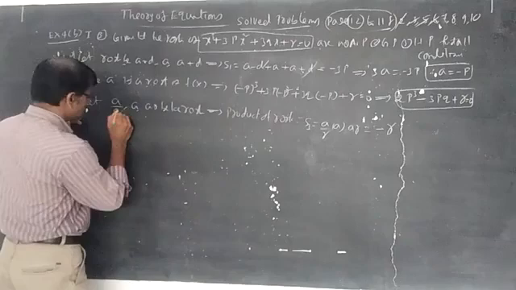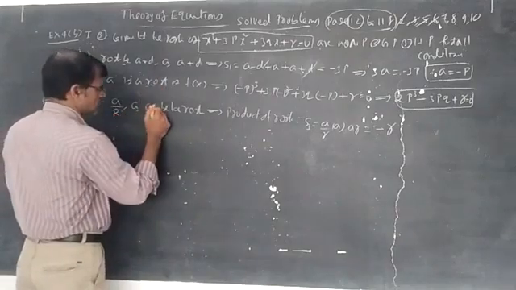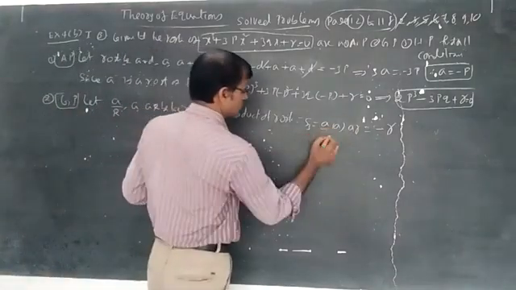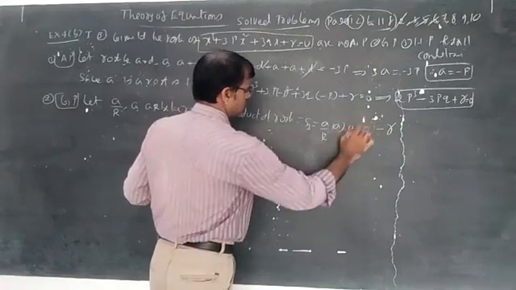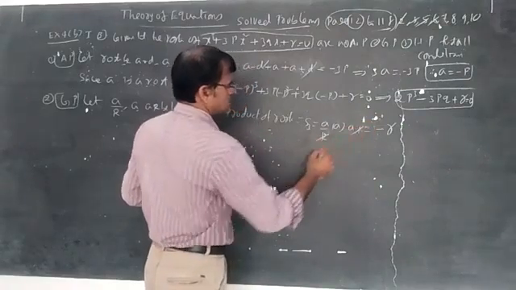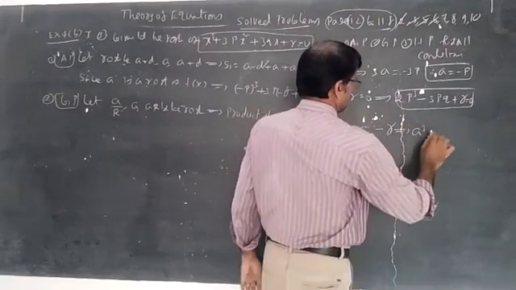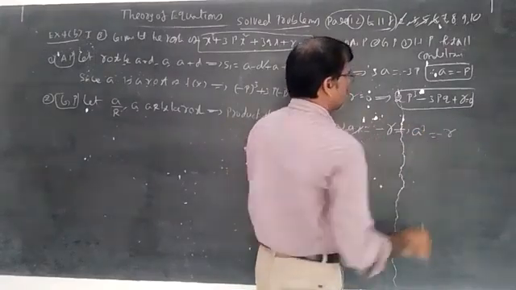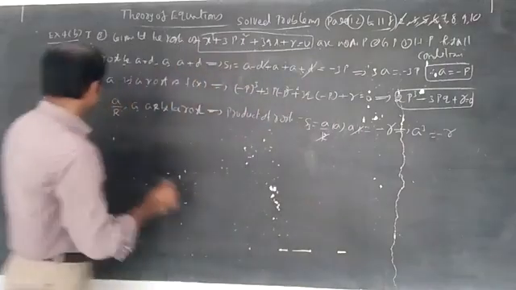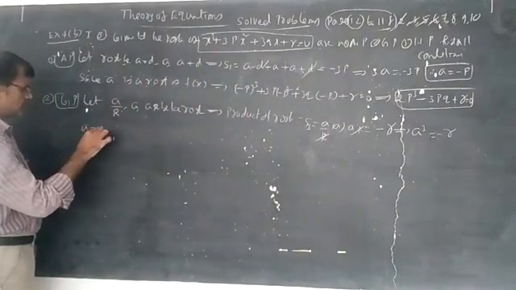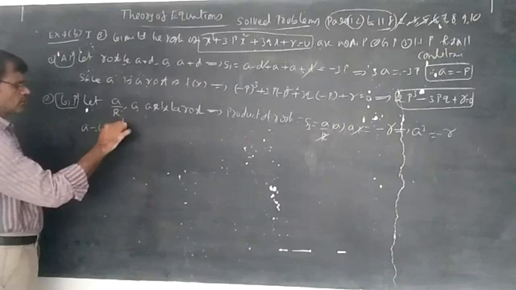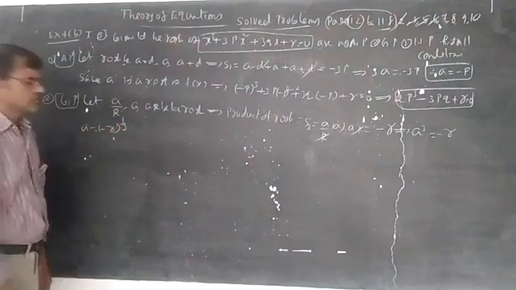The r and r will be cancelled. Now a cube is equal to minus r, we got. A cube is equal to minus r. So a is equal to minus r whole power 1 by 3.